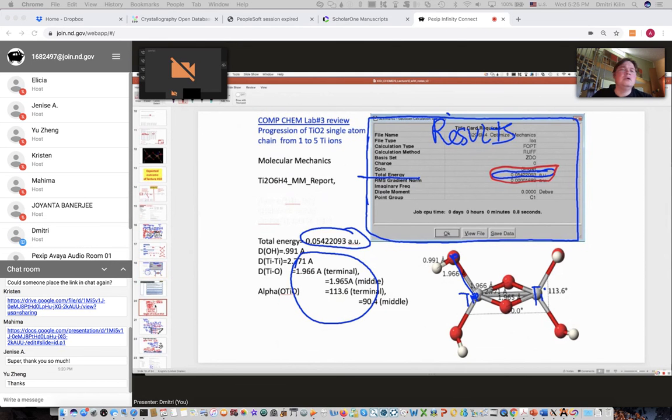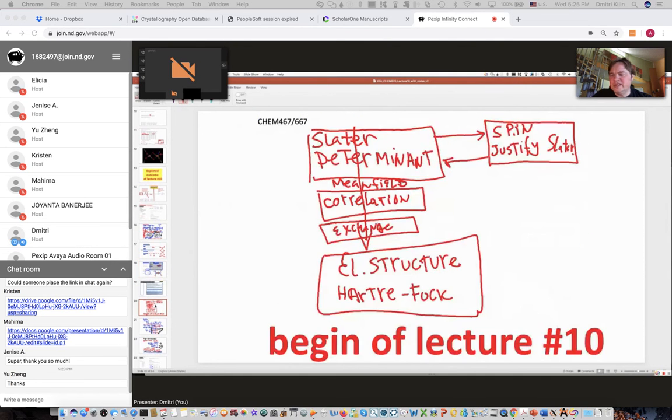So please practice your patience. I'll try to go over the slides as quickly as possible to match our main goal of picking up concepts. So here is the approximate plan for the Hartree-Fock theory.